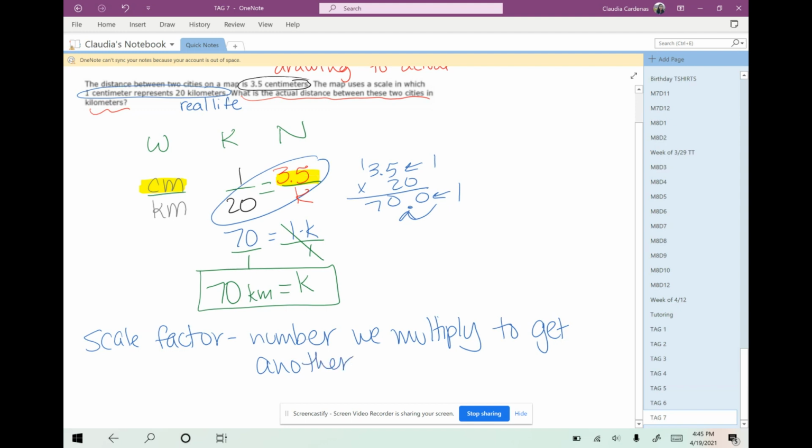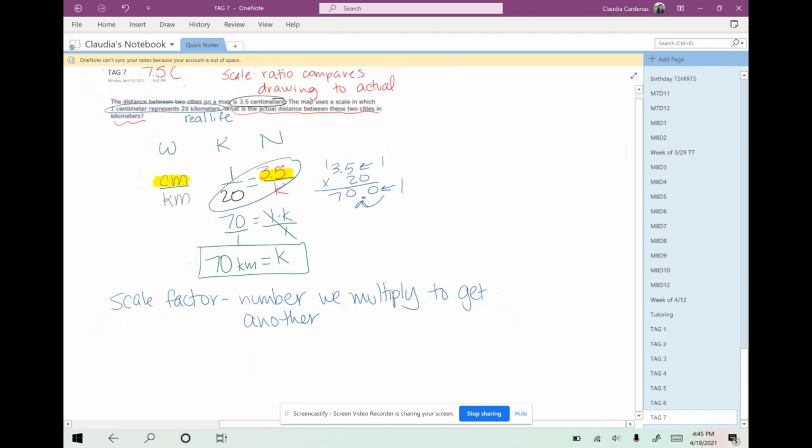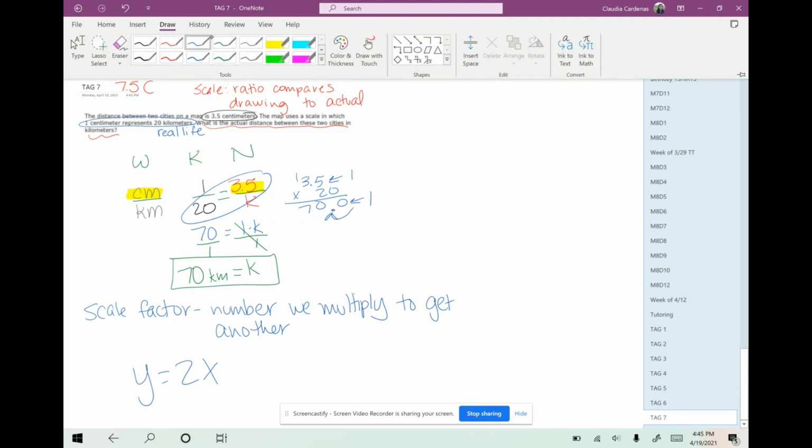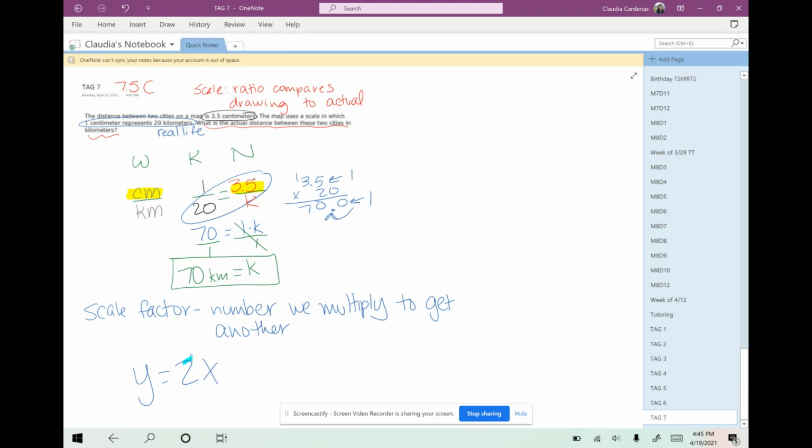For example, in the equation y equals 2x, let me write this down as well, we are multiplying every x by 2 to get y. We would multiply every x value by 2 to get y. Therefore, 2 is our scale factor, because we are multiplying one number by 2 to get a different number.